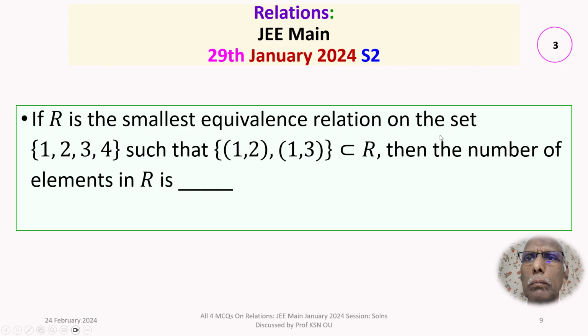So it's given a set of 4 elements, {1, 2, 3, 4}, and we have to find the relation R, which is the smallest equivalence relation on this set containing the ordered pairs (1, 2) and (1, 3). If R is such a smallest equivalence relation, then we want the number of elements present in R.